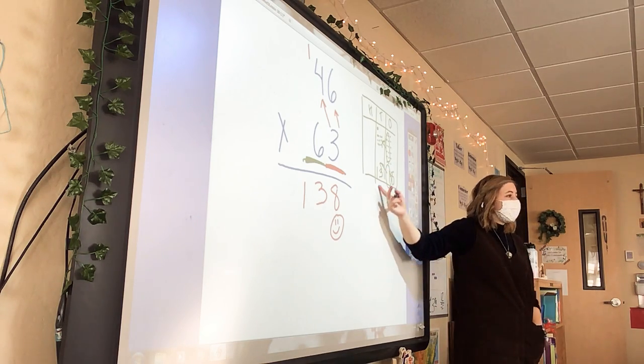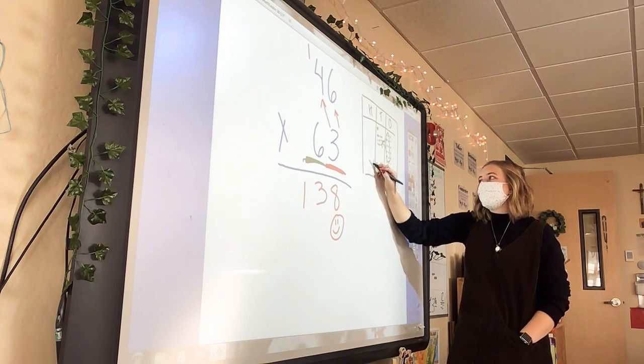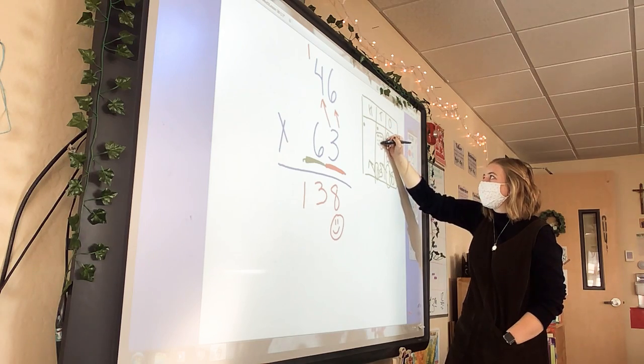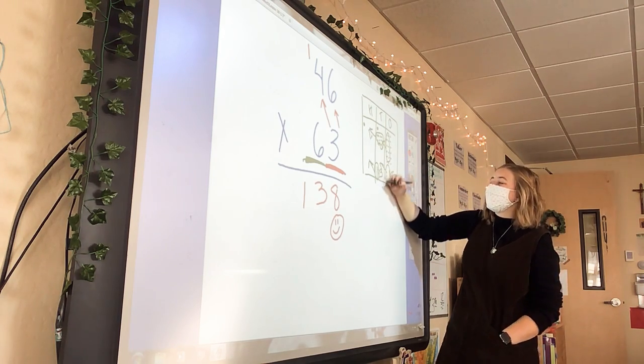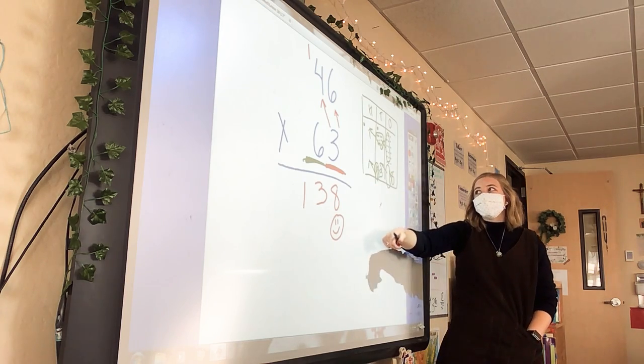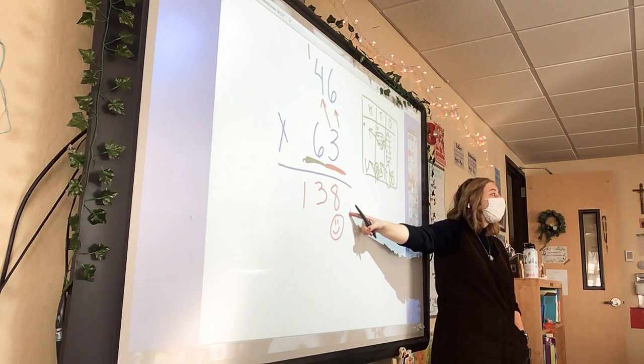But can I have 2 digits in the place value? No. So this 1 has to move over to the hundreds, which means 10 of those guys have to move over to the hundreds. That leaves me with 3 in the tens place, 1 in the hundreds place, which gives me 138, which is what I have right here, okay?